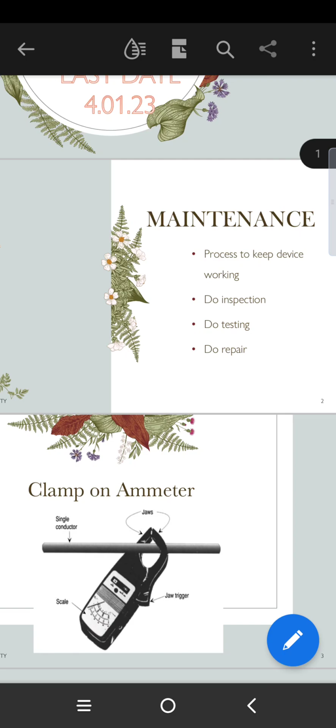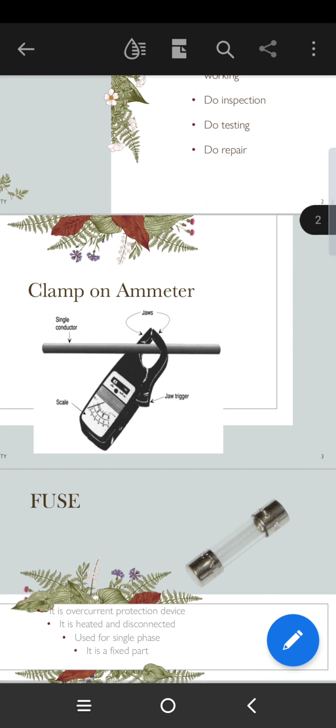So the maintenance question can become directly a 1 mark multiple choice question, or you can also get to define maintenance, where you can write 2 points. So it is a 2 marks question, short questions, 2 points, and multiple choice questions you will have for 1 mark.